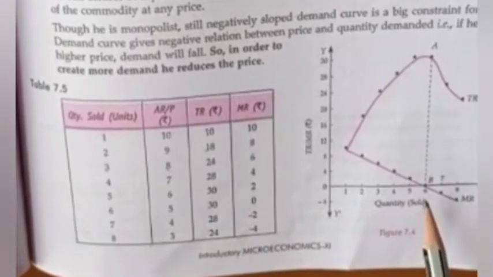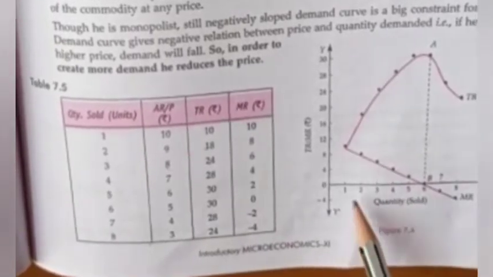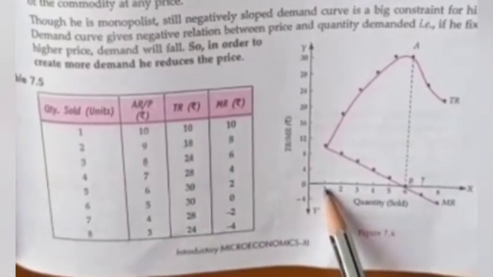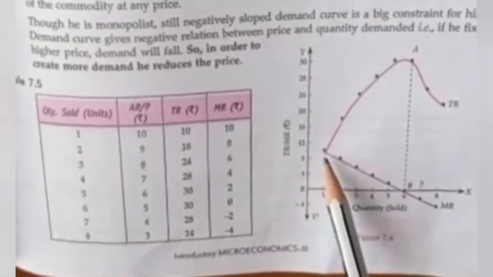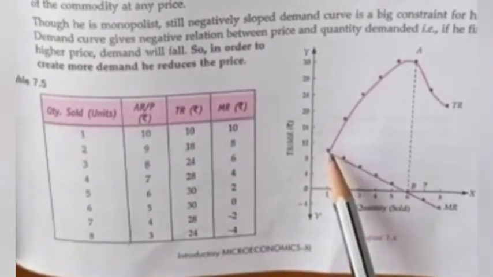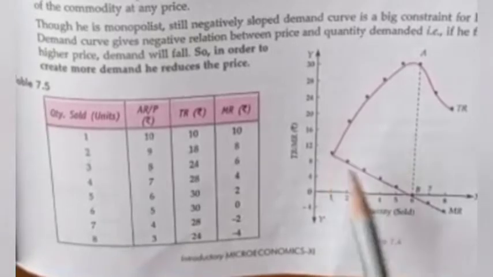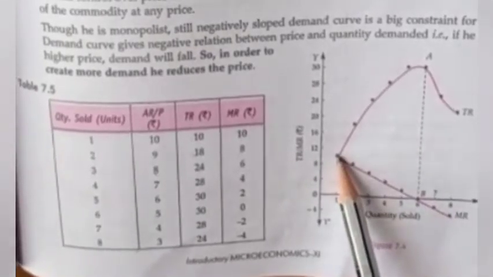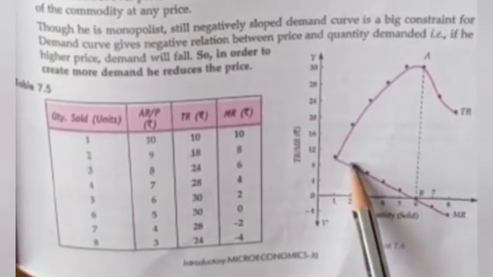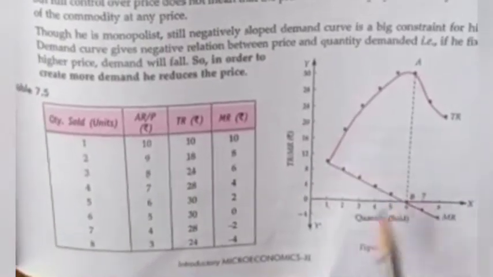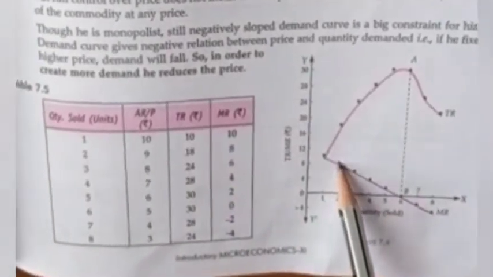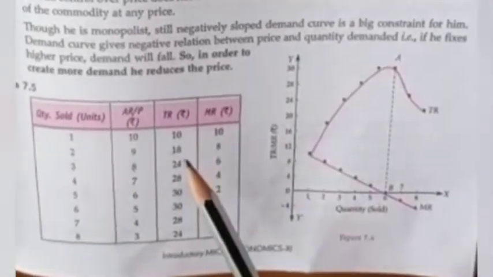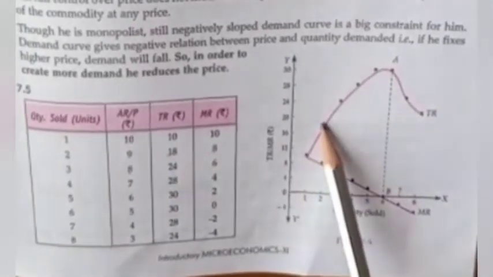Let us plot the curve. When one quantity is sold, total revenue will be 10, and marginal revenue also is 10, so the point meets here. When two quantities are sold, marginal revenue is 8 and total revenue is 18.